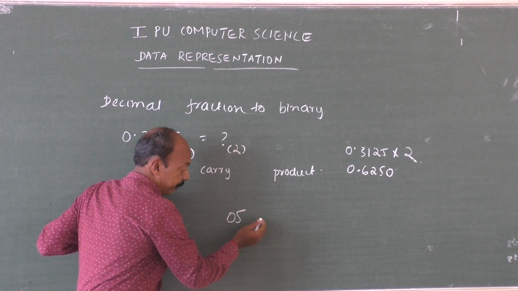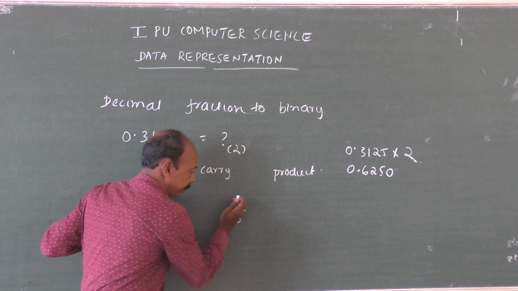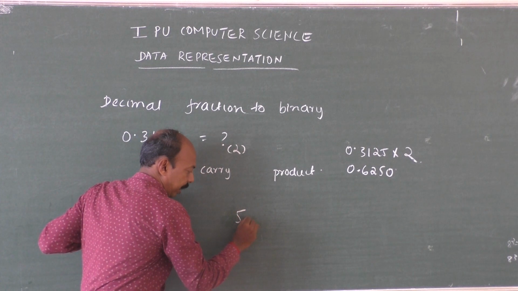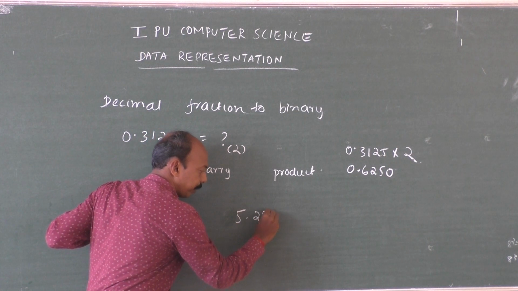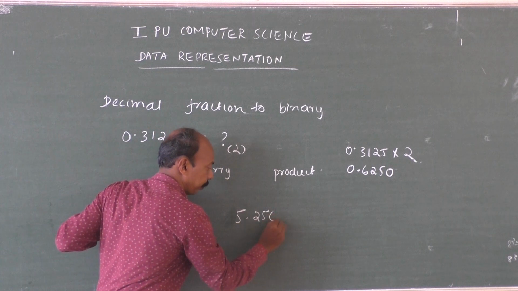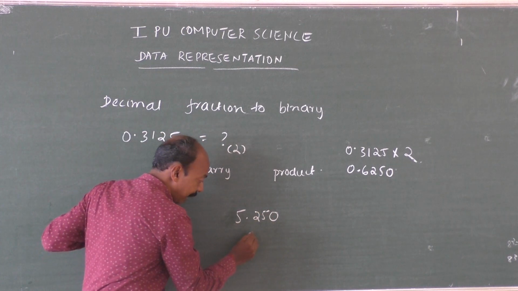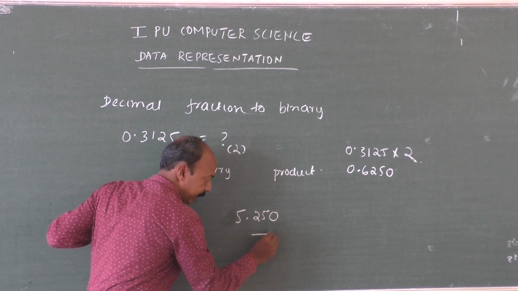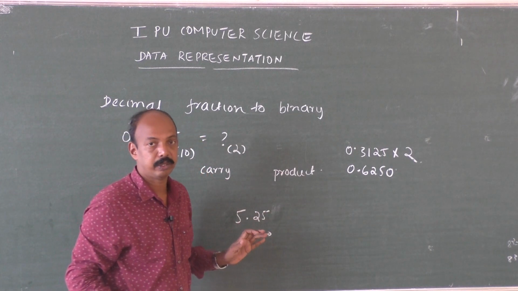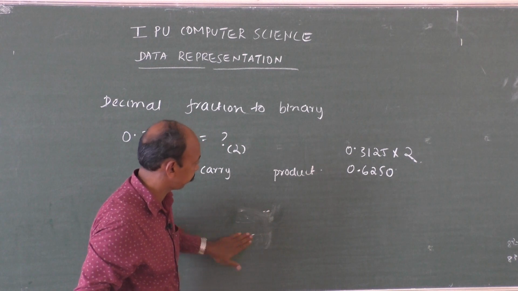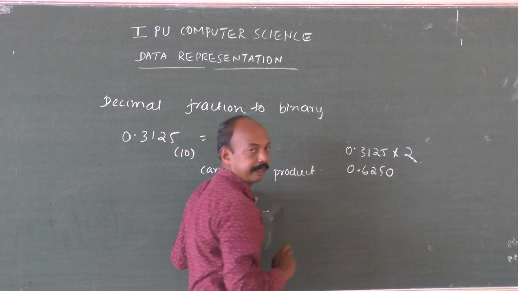But if it's a fraction, I will write a fraction here, 2.5 is 2.50. So that means after the point, even if you don't write the 0, the value doesn't change. It will be the same. Okay. Here also the same thing.